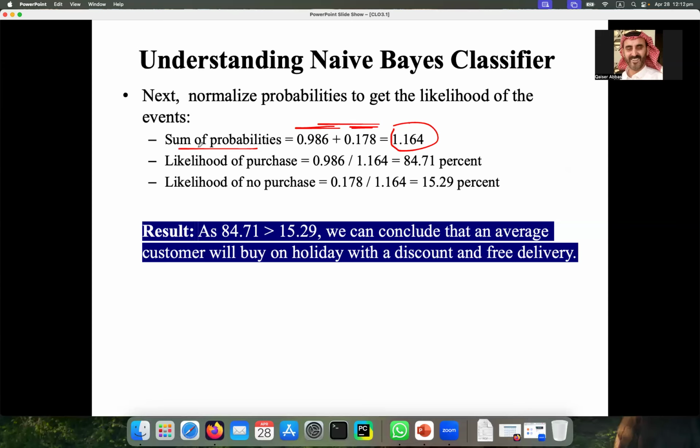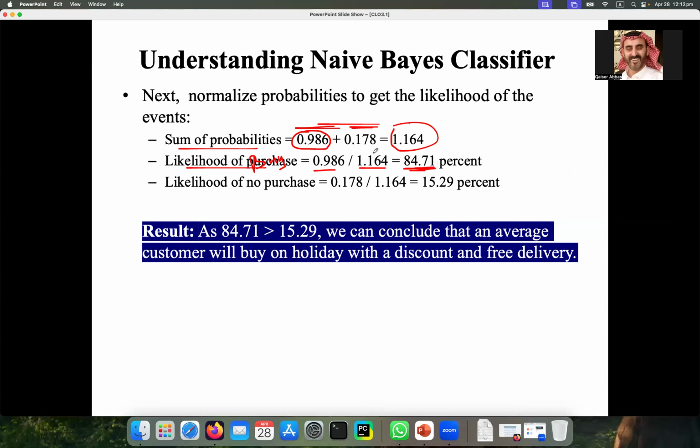So now, how can you calculate the likelihood of buy, or likelihood of purchase, here? This is the value for the buy, divided by this total, and you will have 84.71%.